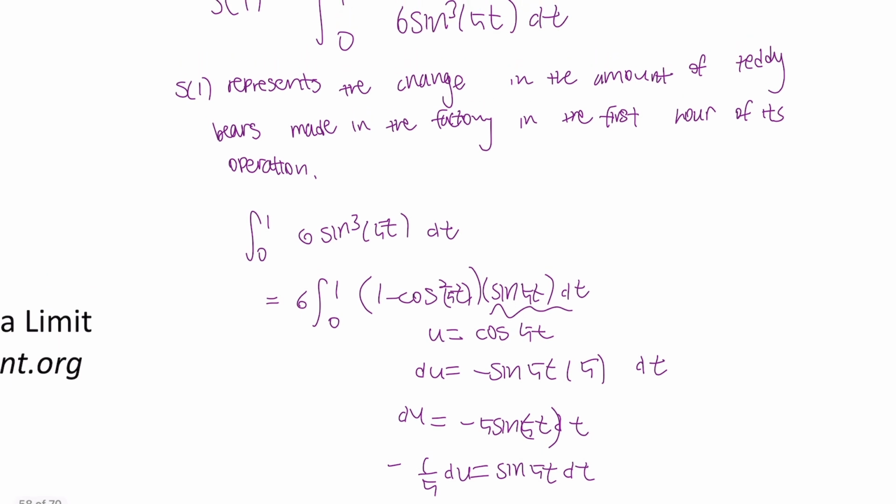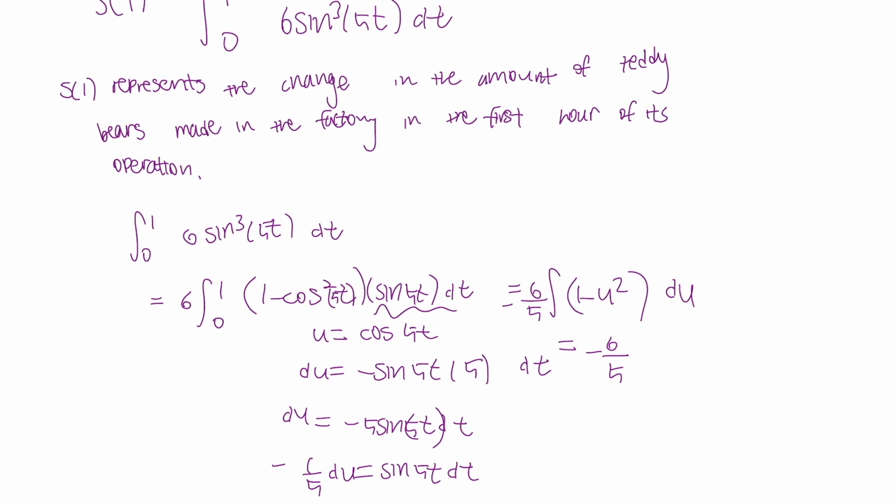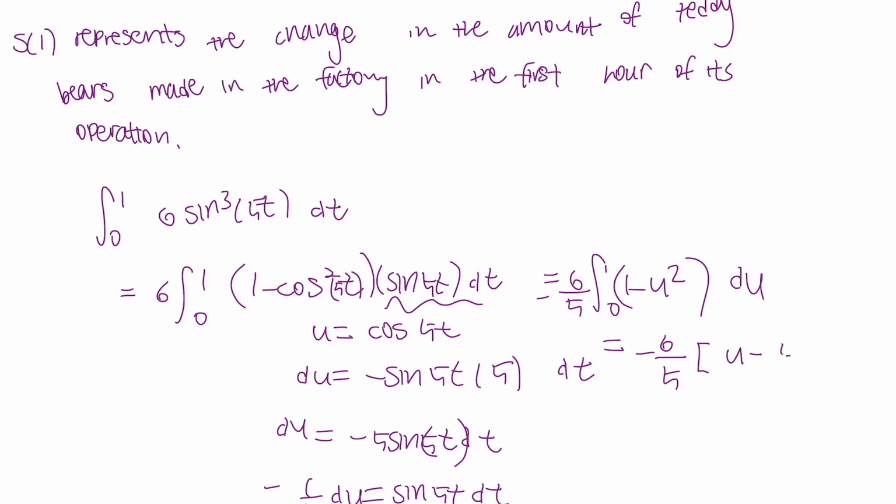So we're going to plug it in. This is equal to negative 6/5 times the integral of 1 minus u squared du. So we have negative 6/5 times u minus 1/3 of u to the third power.